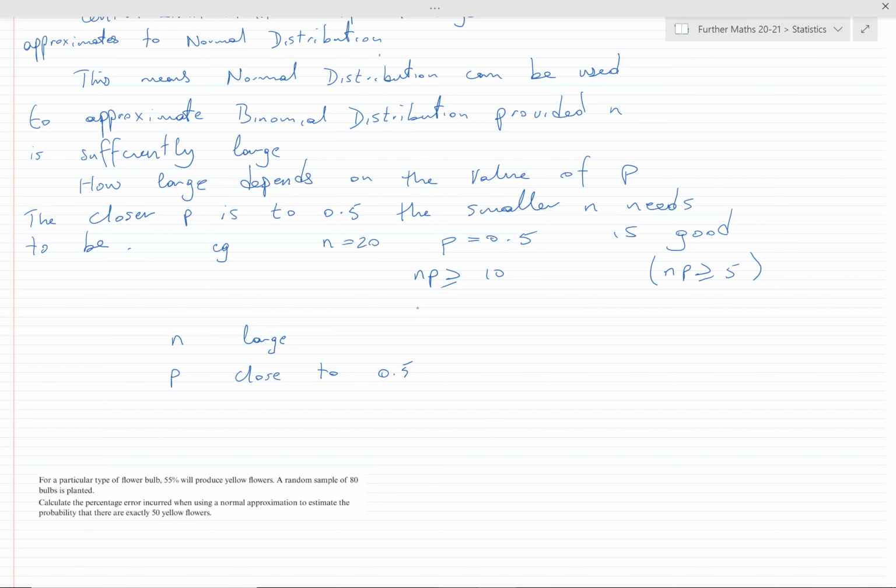Now, I'm going to do a question in a moment, but the one thing we need to bear in mind is that if we have a binomial with n trials and probability p, the mean is equal to np, and the variance, the standard deviation squared, is equal to np(1 minus p).